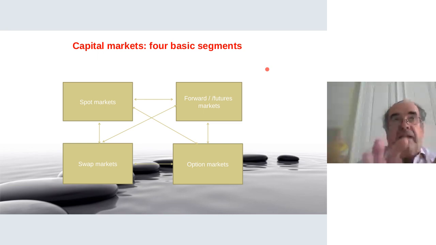And these markets are used by companies to hedge, to cover their risk. And I will explain how they can hedge their risk when using all these markets.